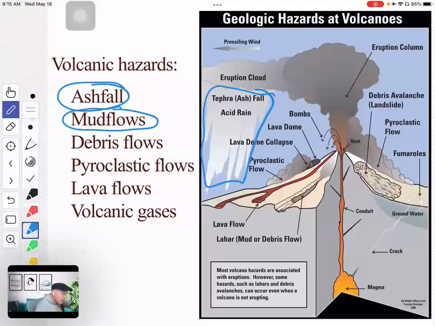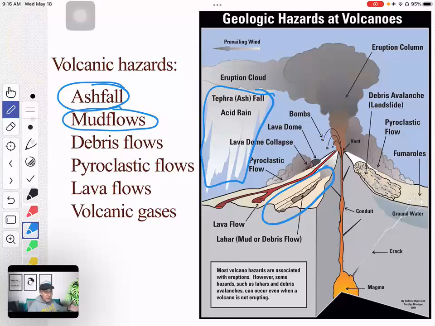If there is rain or snow that melts when the eruption happens, that mixes with the ash and the pyroclastic flow, and it rushes down the hill, causing great damage to property and even nature, trees and pastures and croplands. They can be greatly damaged by those fast moving flows of mud and rocks and debris.